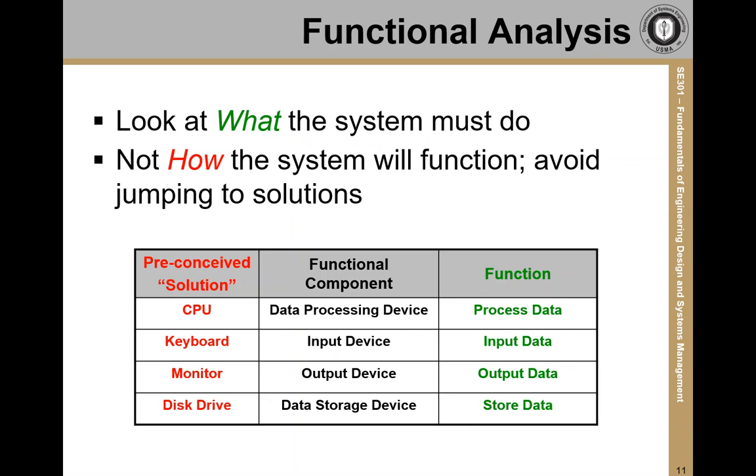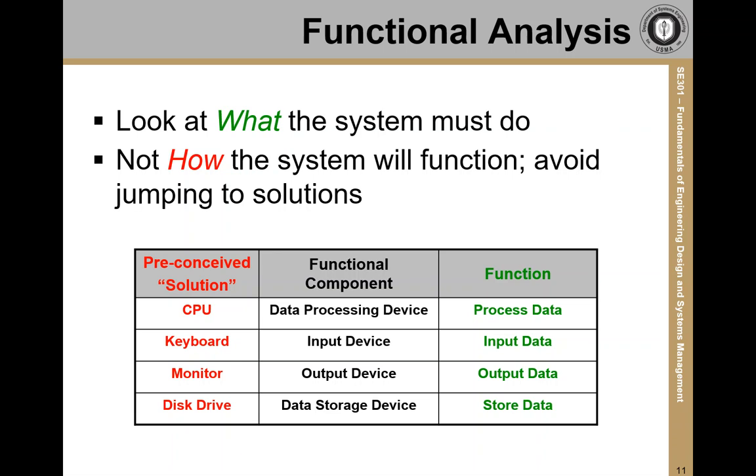All right, so the key when we're talking about functions is we want to talk about what the system should do, not how the system will do it. So I know you all have been with this remote learning environment we're working in, very familiar with your computer. So we can see here, if we're talking about different components of our system, if we're talking about data processing, the data processing device, the quote-unquote solution, would be the CPU.